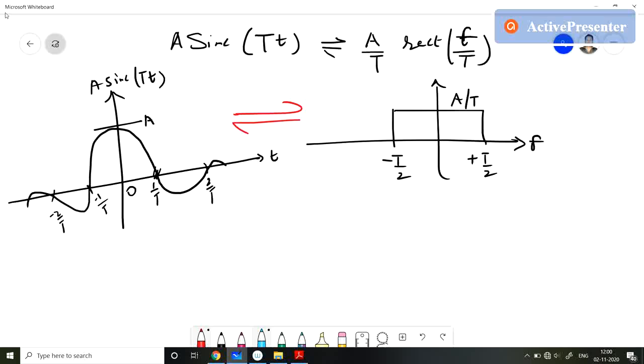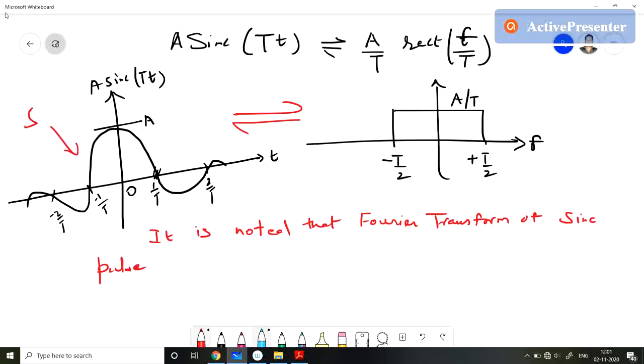So it is noted that the Fourier transform of a sinc pulse is 0 for modulus of f greater than T by 2.